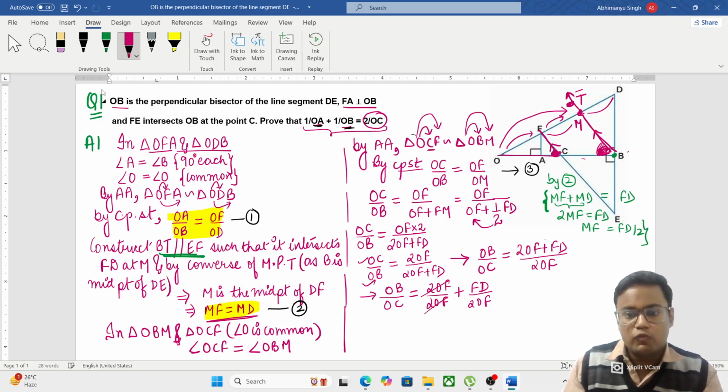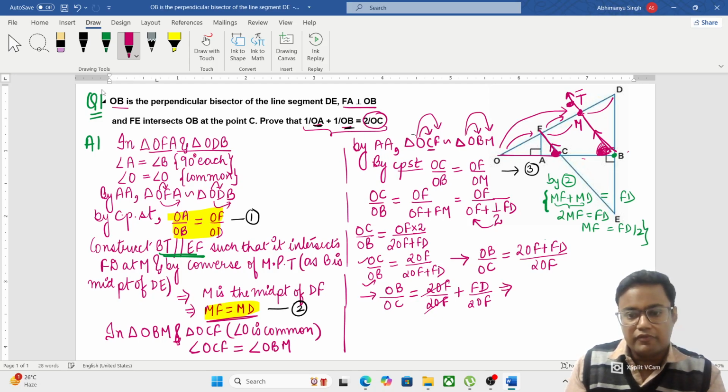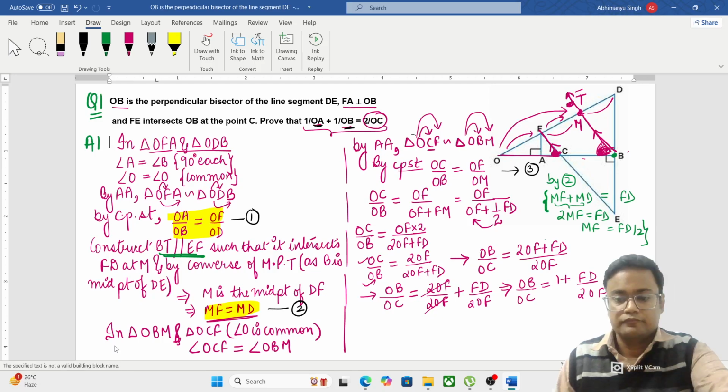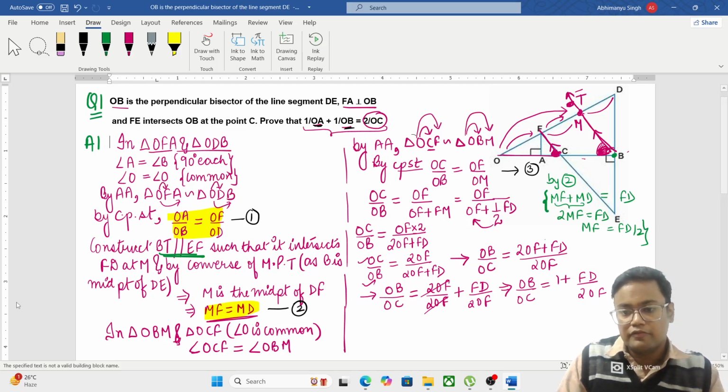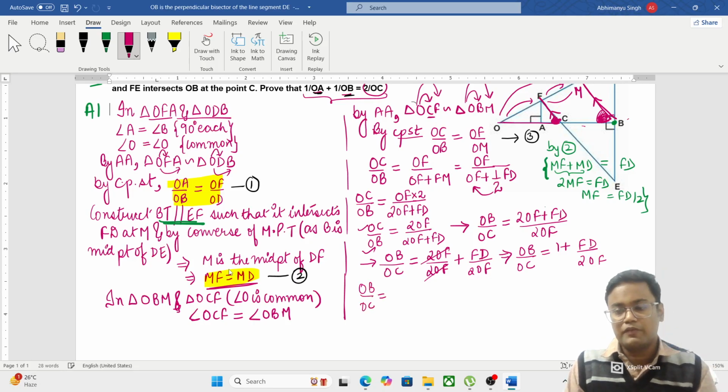Now you can see these two quantities cancel each other out, right? So what I have here, children, is that OB upon OC equals 1 plus FD upon twice of OF. We have come to this point where OB upon OC is 1 plus FD upon twice of OF.